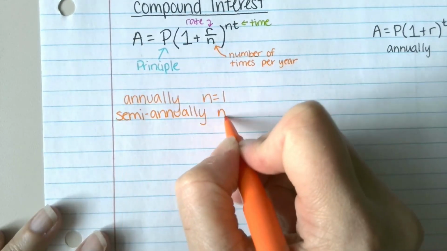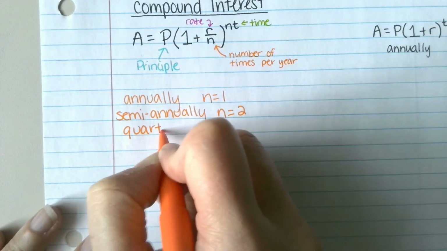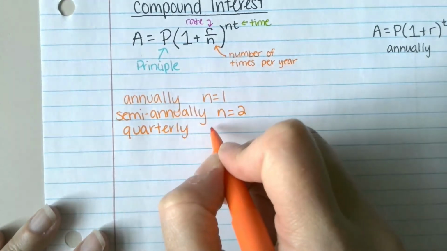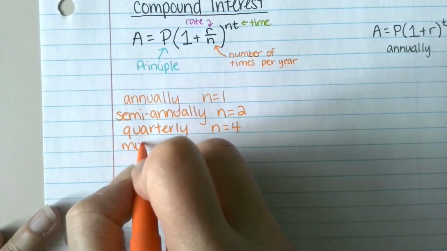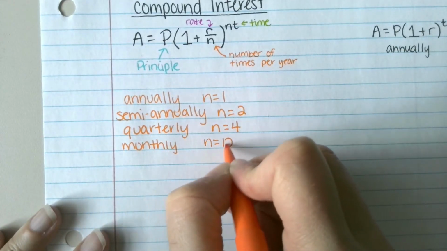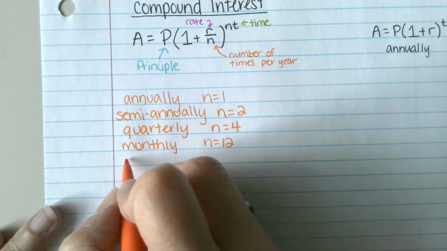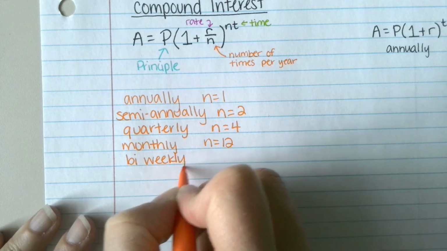We also have, you're going to see semi-annually. That's twice a year, so N is 2. You could also have quarterly, which is 4. You could see monthly, which is 12. You could see bi-weekly and weekly.